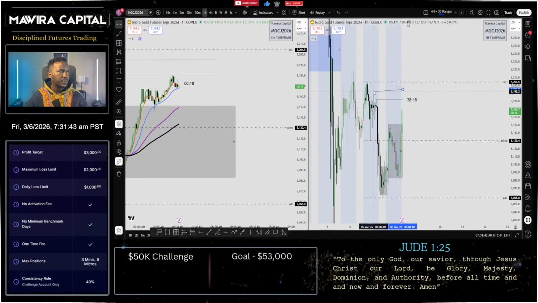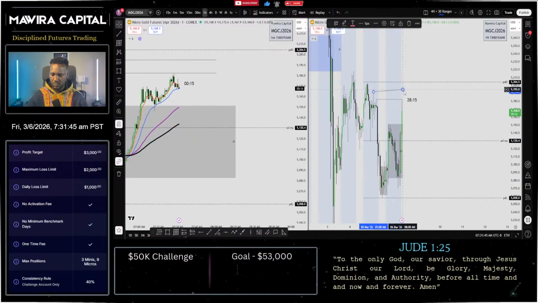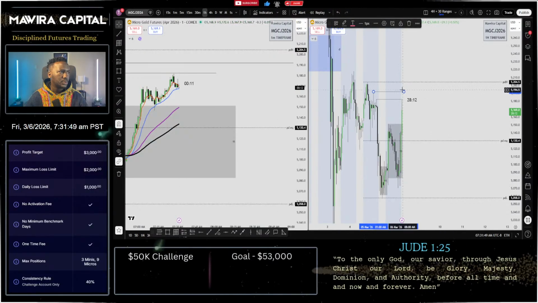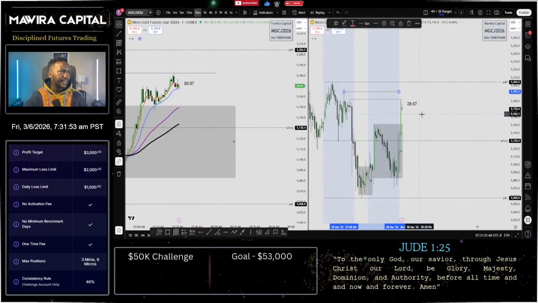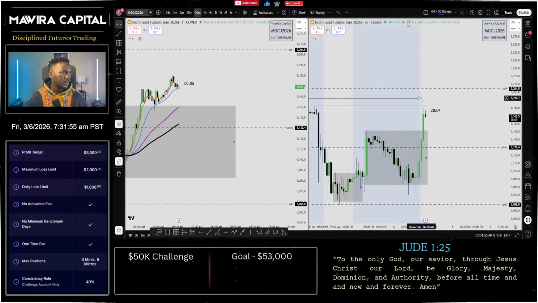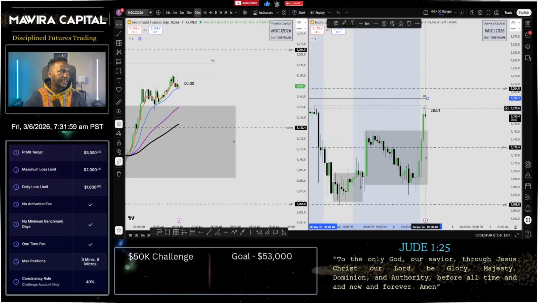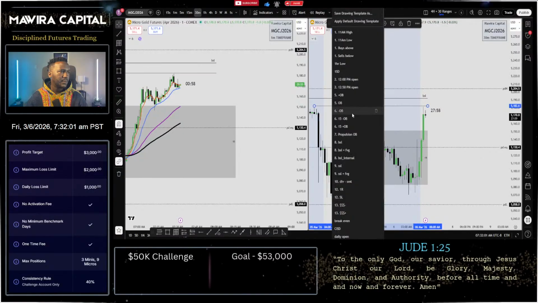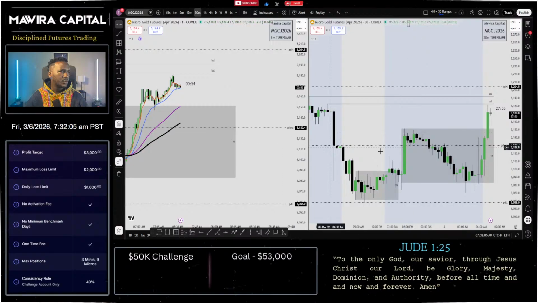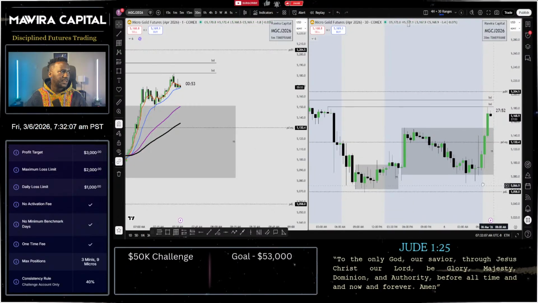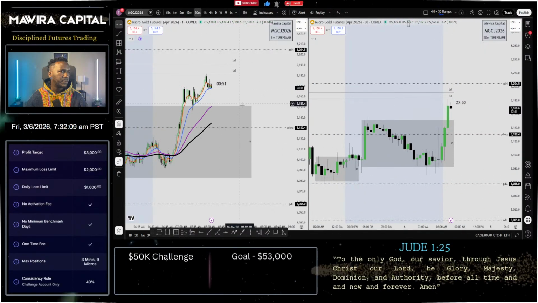Here's another one up here. I'll mark those, just because I can. Why not? That's the buy side, and the other one right there. So I would like to be in a trade before we hit any of them.